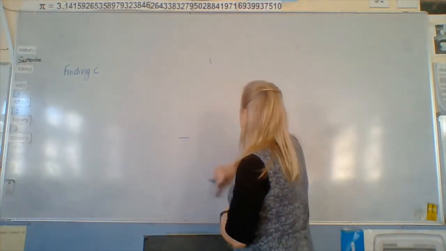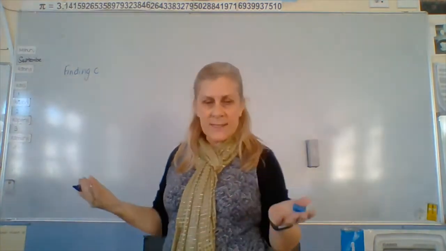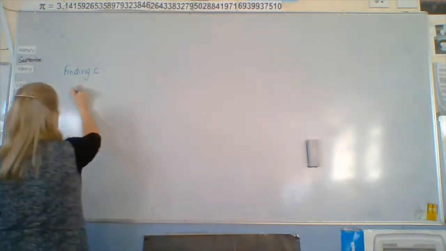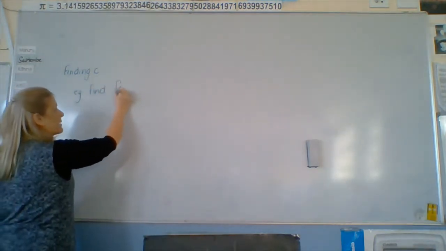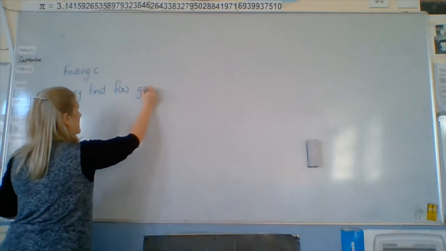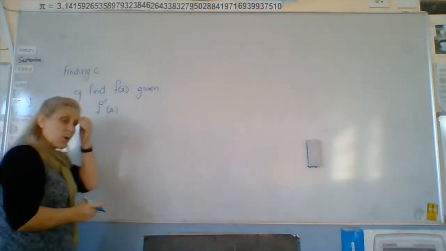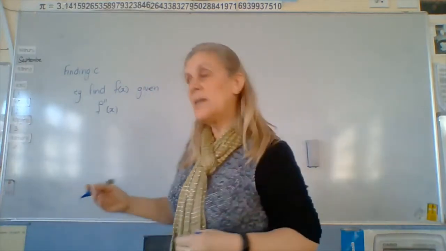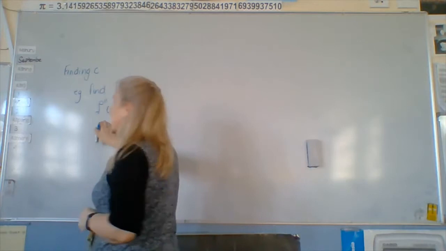Get rid of that. So I'm just going to do this by an example, because you did it last year, so you shouldn't have too many problems. So we're given f double dash. That means that we are anti-differentiating, because this is the second derivative.